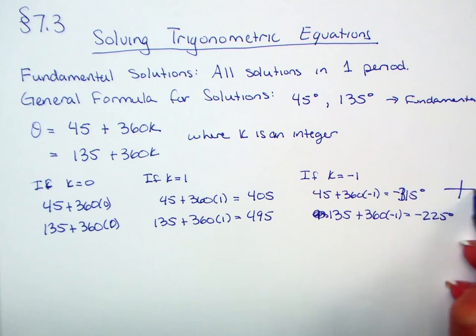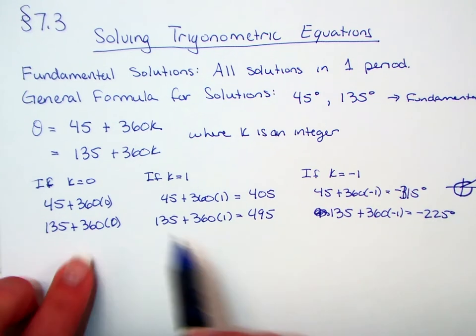So negative 315, I just want you to realize this, is if we were to start on the x-axis and rotate clockwise 315 degrees, it lands in the same location as 45, and the same location as 405.